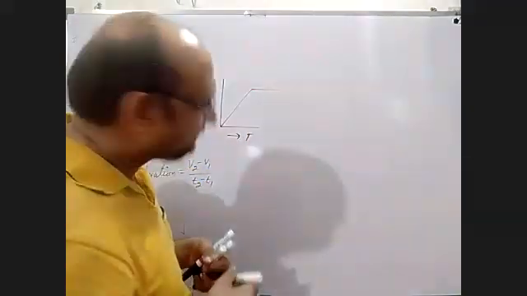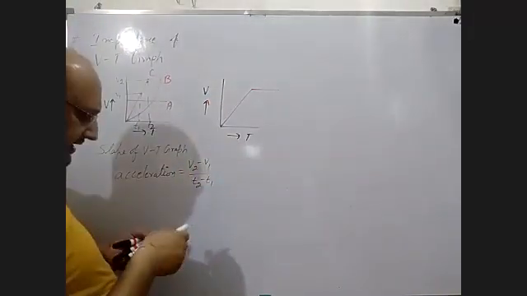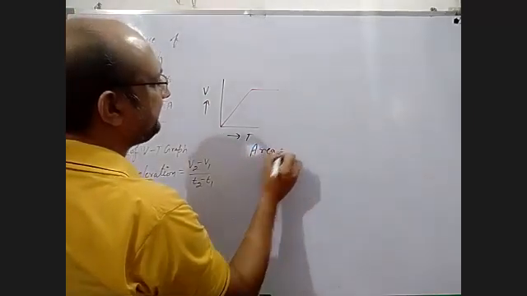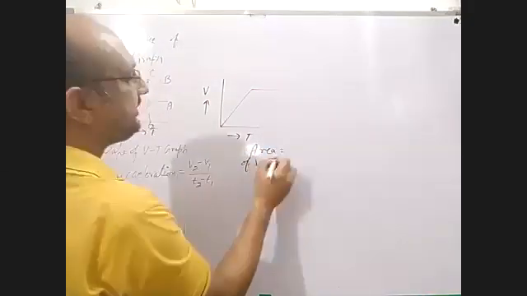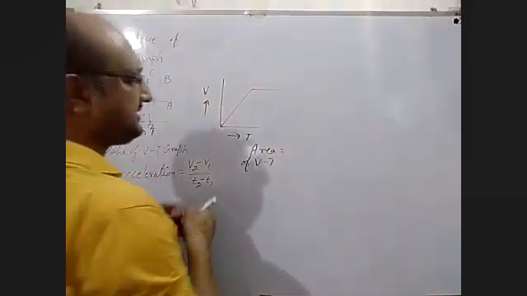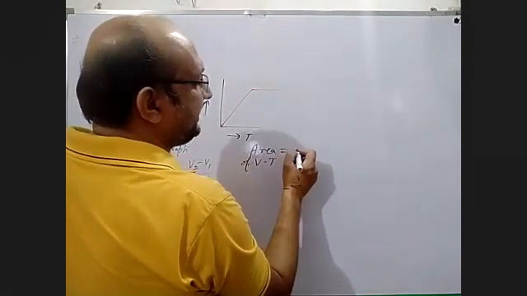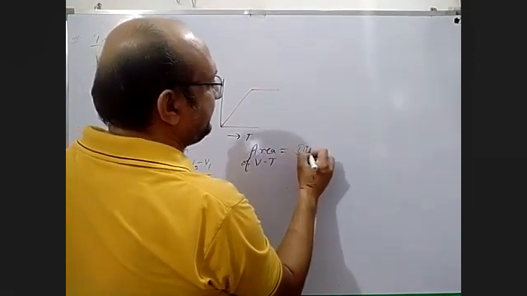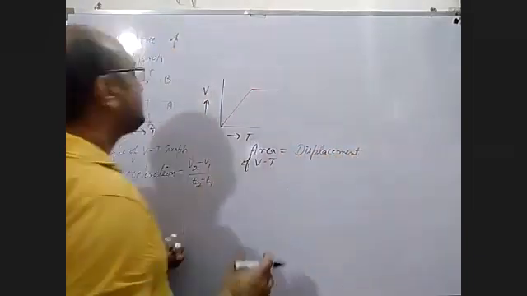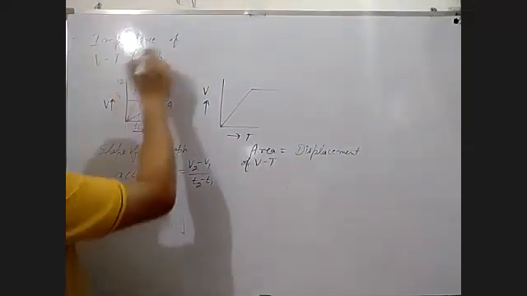If we are taking its area, the area of the VT graph, then this area of the VT graph will give us displacement. So these two things are very, very important for you in the velocity time graph.